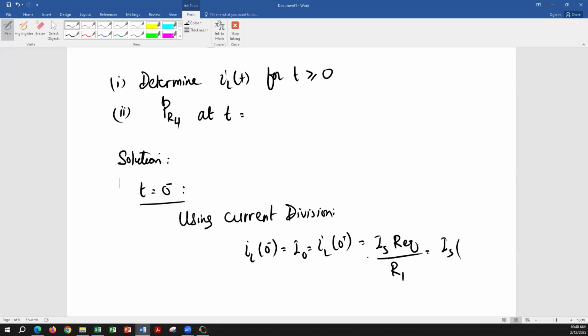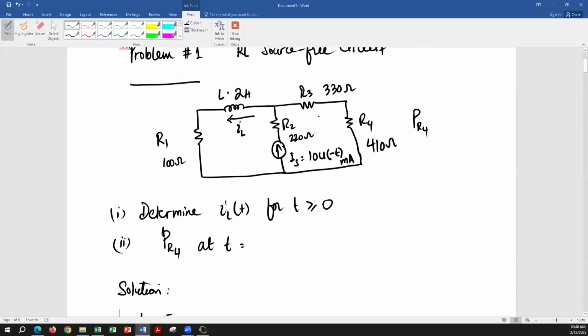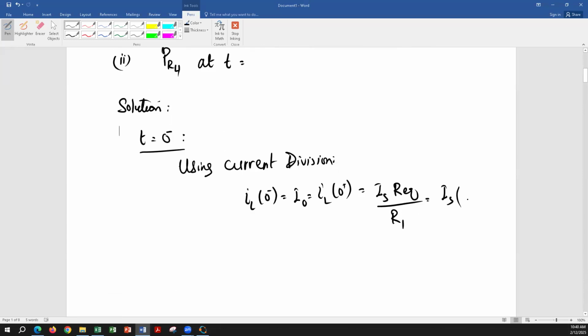The difference is that this R equivalent is parallel and that R equivalent is series. So in this case, R equivalent is the parallel combination of R3 plus R4 in parallel with R1.